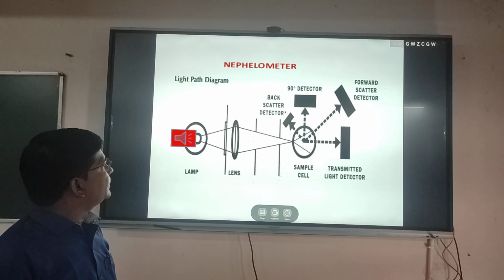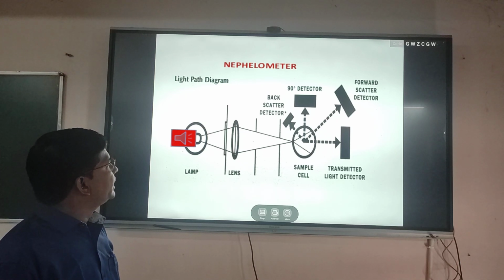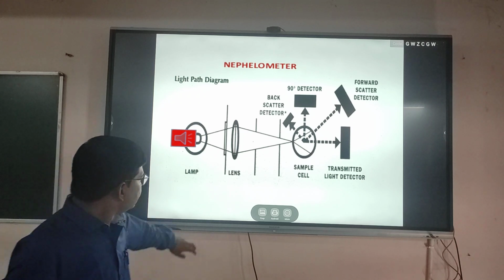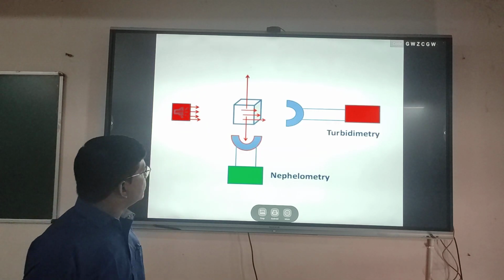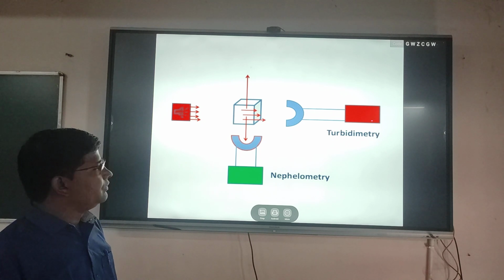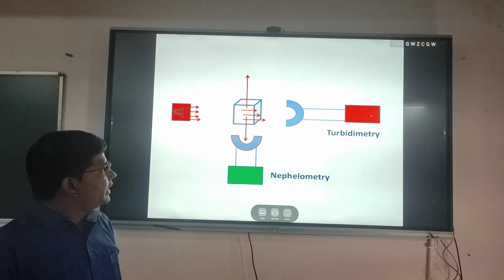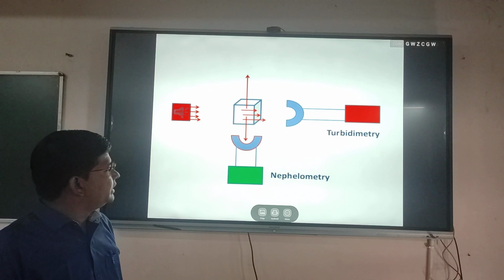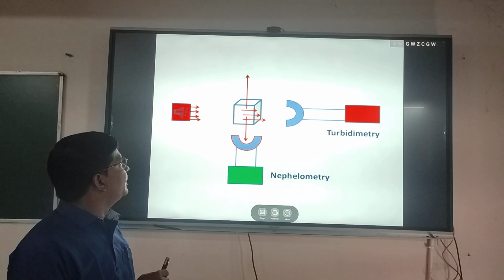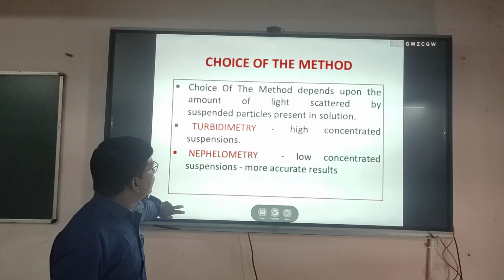For the nephelometer we keep the detector at 90 degrees. This is the difference between a nephelometer and turbidimetry: we keep 180 degrees for turbidimetry, and for the nephelometer we keep the detector at 90 degrees.